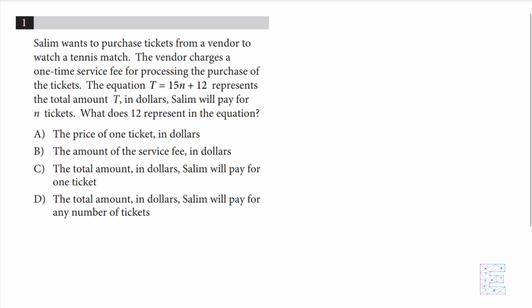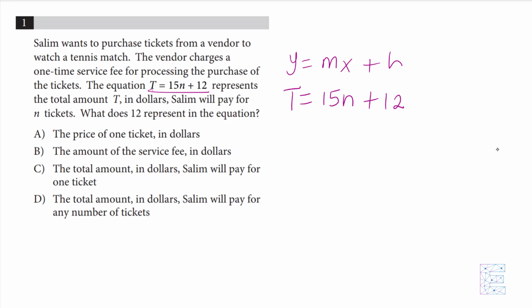So once again, we are focusing on an equation. So this one right here, let's write it out so we can see it better. t equals 15n plus 12. And once again, this is very reminiscent of a linear function in slope-intercept form. So the question is, what does the 12 represent in this equation? If memory serves, you will remember that b is the y-intercept.